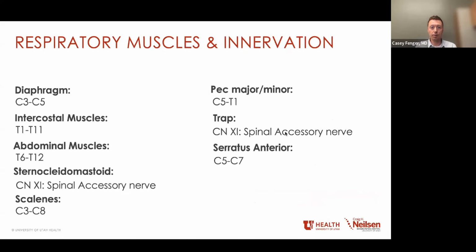Our scalene C3 to C8, pec major and minor C5 to T1, and the serratus anterior C5 to C7. One of the things to note here is it's not just the cervical spine that's involved with the respiratory muscles. We get a lot of innervation from those thoracic levels as well. So a lot of this becomes relevant even in our patients with those thoracic level injuries.